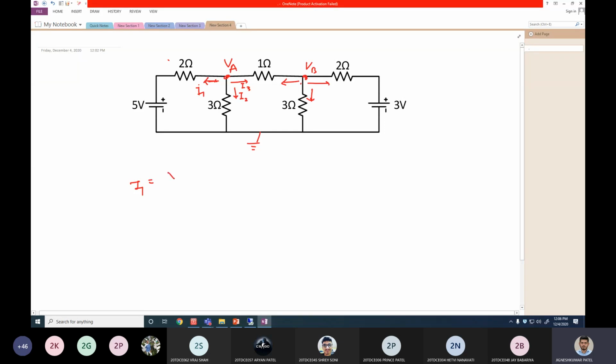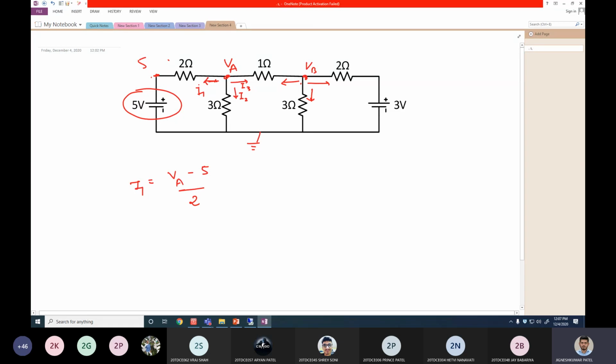So I'll write VA. What is the value of lower potential? Now see, this is a voltage source, that means this point is at 5 volt potential. So I can put VA - 5 divided by 2 ohm. Now this is my value of current I1.